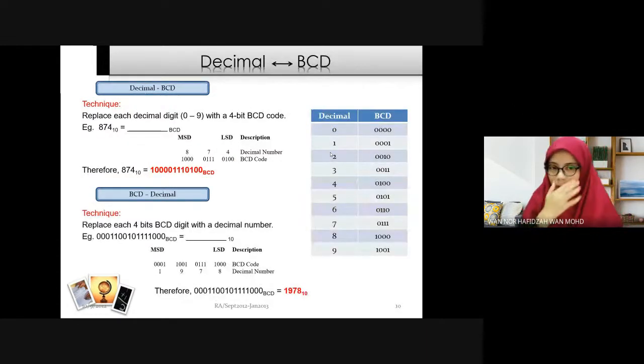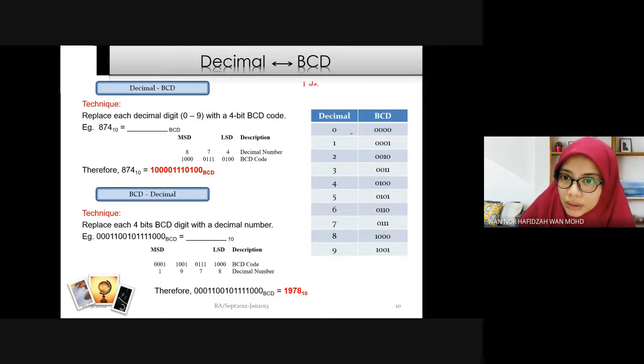Now decimal to BCD. Remember that BCD is very special. Why? For BCD, we need to represent each decimal digit with a 4-bit BCD code. Decimal is from 0 to 9, and each of these decimal digits must be represented by 4-bit binary.